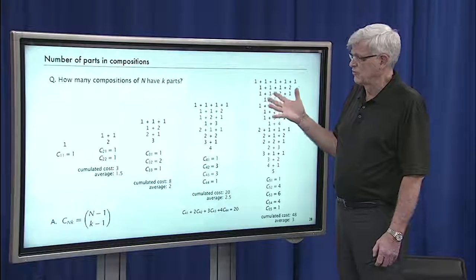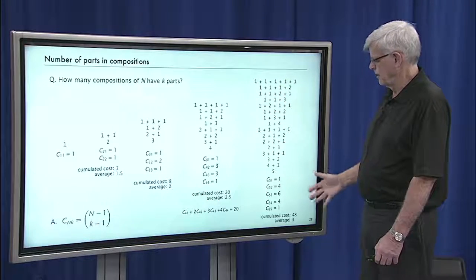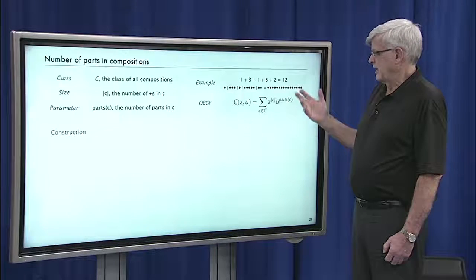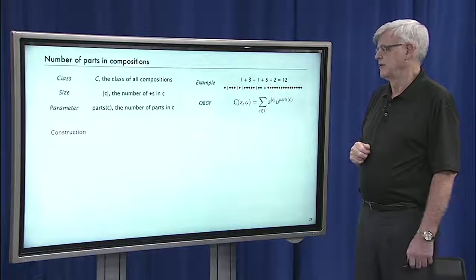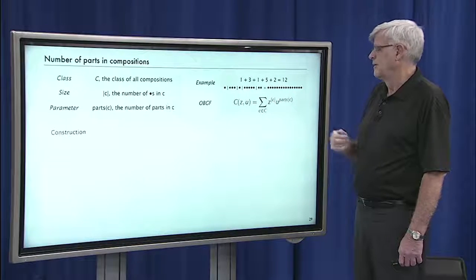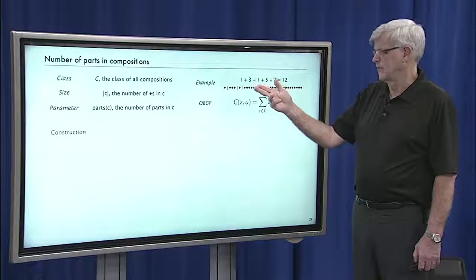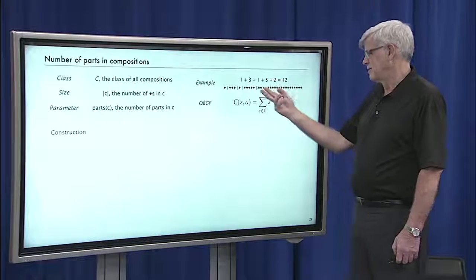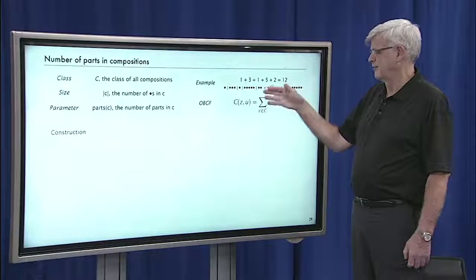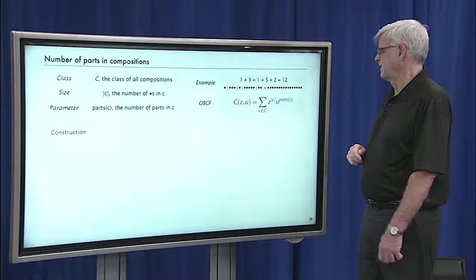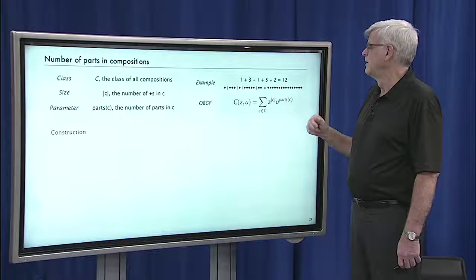But what we'll do is use the symbolic method to compute this average. Okay, so here's the definitions. We're interested in the class of all compositions. Recall that we can write compositions as the number in unary and just put a bar to indicate the division into a sum.